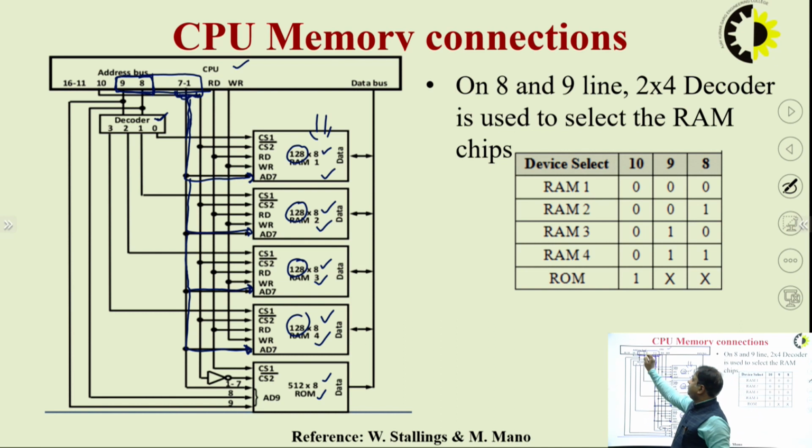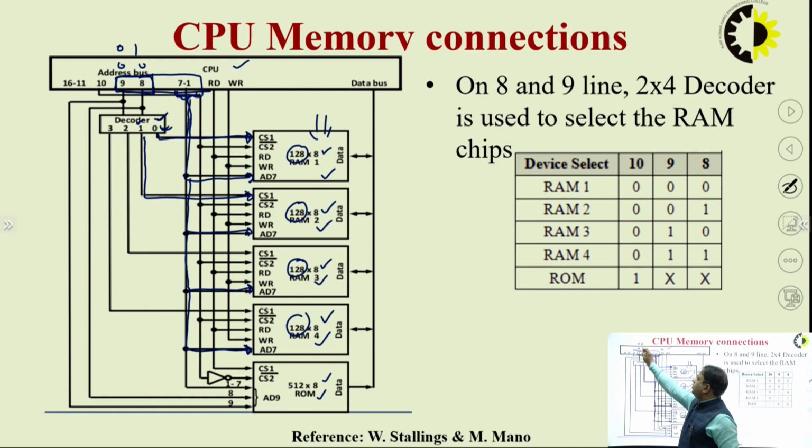So here if bit number 8 and 9 are 0 0, then the decoder will select 0, that means chip select 1 will be selected. If bit number 8 and 9 are 0 1, then the decoder will select 1, then RAM 1 will be selected.